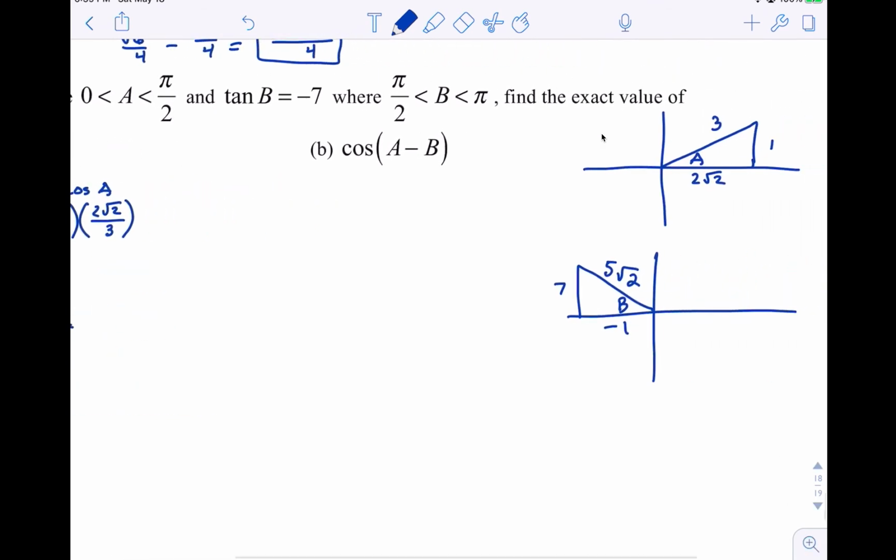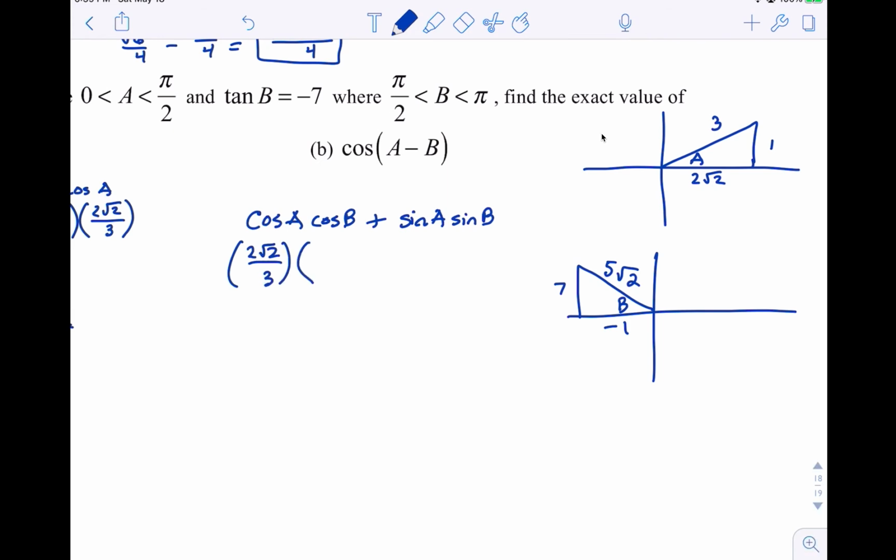Right, and then cosine. So cosine A, cosine B, plus sine A, sine B. Cosine A is 2 root 2 over 3.